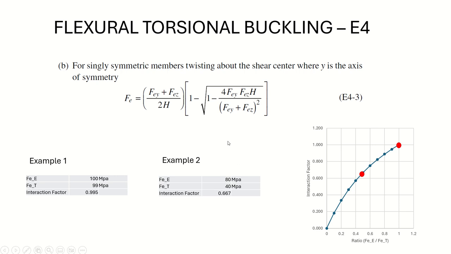So the average, 60, I will multiply by this interaction factor. So the final value is going to be close to 40 in order to be conservative. And that's why this equation has this form. Okay, it's not too difficult. I think it's a very conceptual way to understand the flexural-torsional buckling.